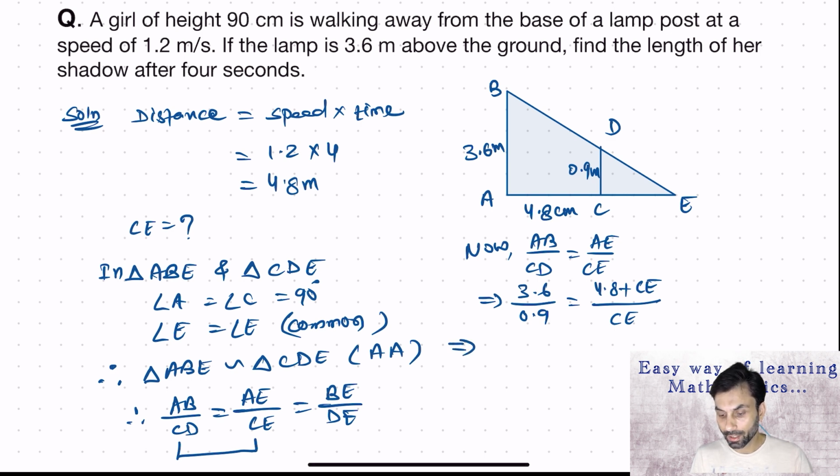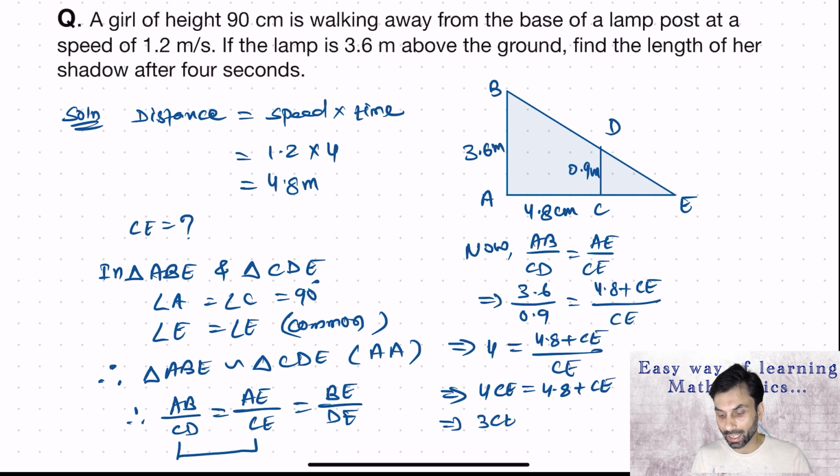On solving it, what we'll get is, this will be 4, because 3.6 upon 0.9 will be 4. This will be 4.8 plus CE upon CE, which will be equal to 4, so 4 times CE equals 4.8 plus CE.